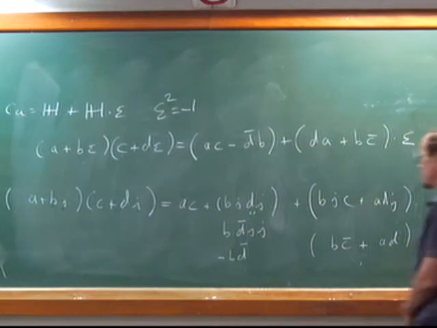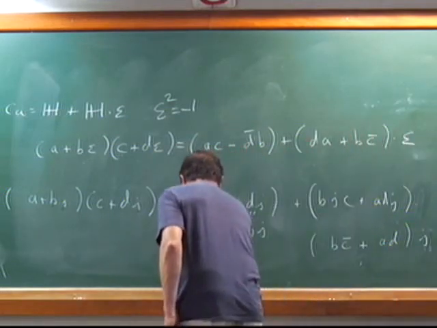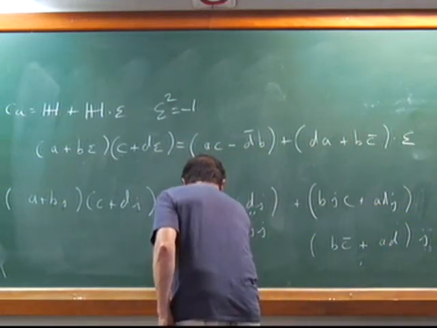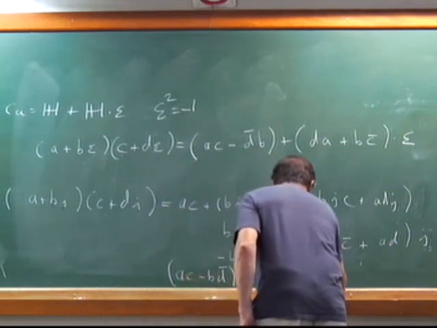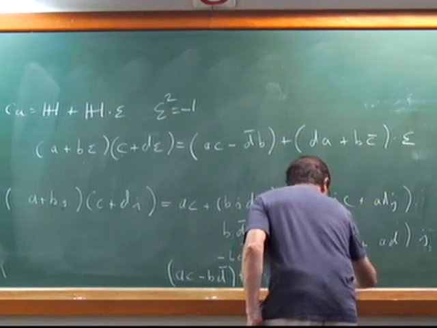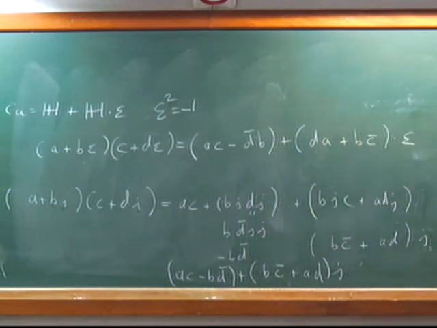So it's AC minus B D bar plus (B C bar plus AD) j. That's how one multiplies quaternions.